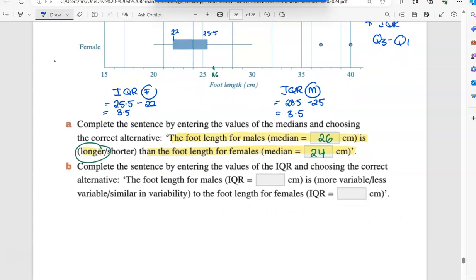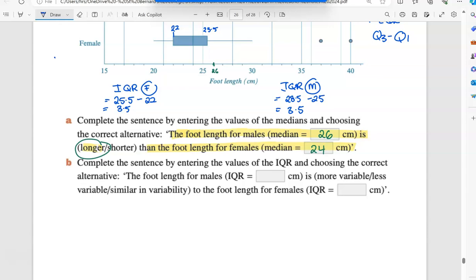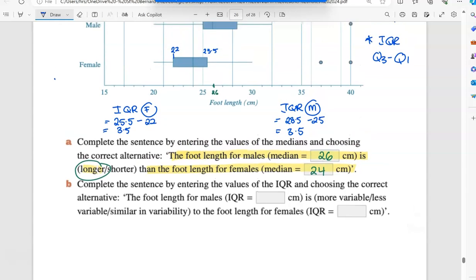So let's complete this sentence by entering the values of the IQR and choosing the correct alternative. So the foot length for males with an IQR of 3.5 centimeters is, I'm going to say, similar in variability. That's a word we would use when we're talking about spread. We either say more variable, less variable, or similar variability to the foot length with a female's IQR of 3.5.